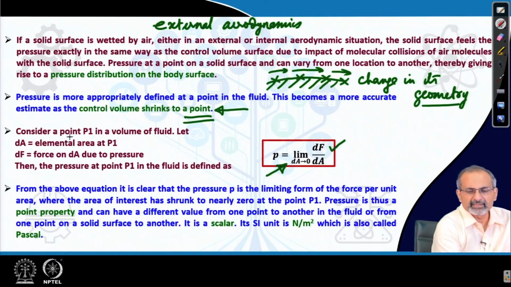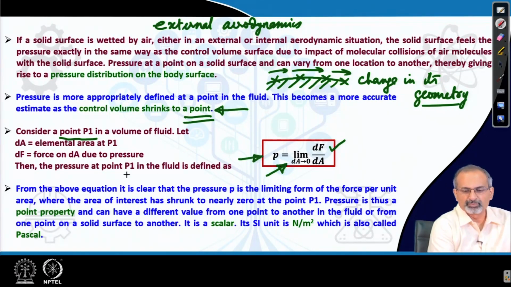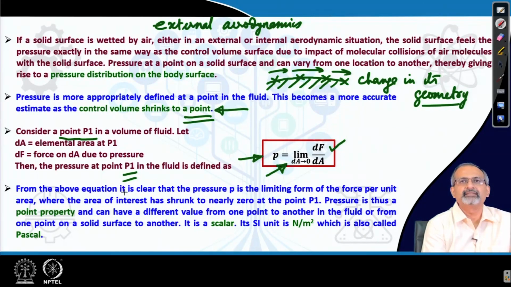You are defining it at a point practically, because the control volume has shrunk to such a small quantity that you are almost located at a point rather than over a finite volume. So, the pressure now gets defined at the point P1 using this equation. So, P1 is a general point and therefore, it gets defined at each and every point in the flow field using this approach.